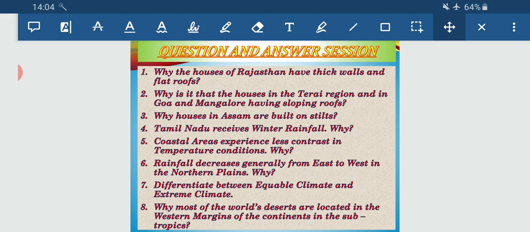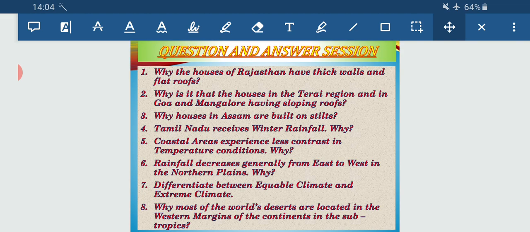Now the next question: differentiate between equable climate and extreme climate. Now the difference between the equable climate and extreme climate: number one, for the extreme climate there is a vast difference of temperature. During the summers the temperatures are too high, during the winters the temperature is too low.